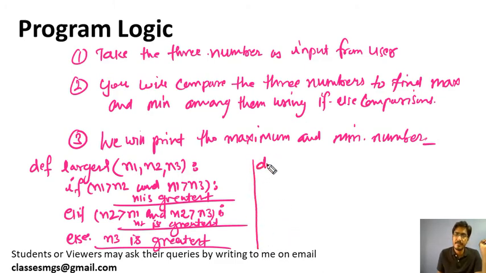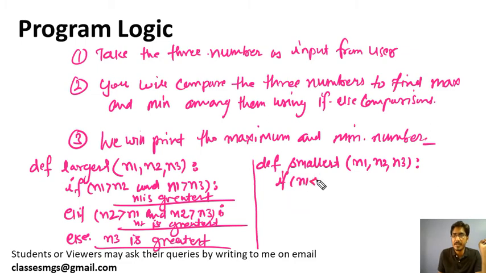We will write similarly for smallest. We will take three inputs, n1, n2, n3, and then do the same thing as we have done for this. If n1 is less than n2 and n1 is less than n3, then we will say n1 is smallest.